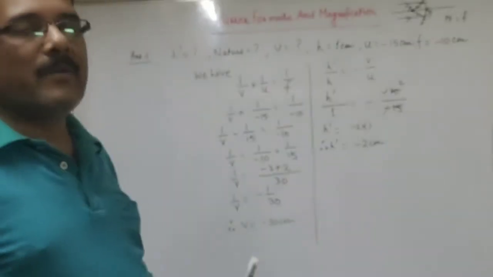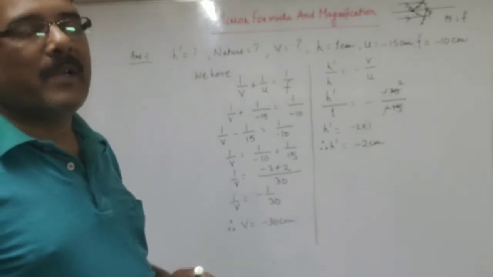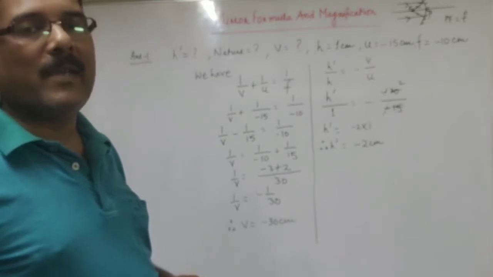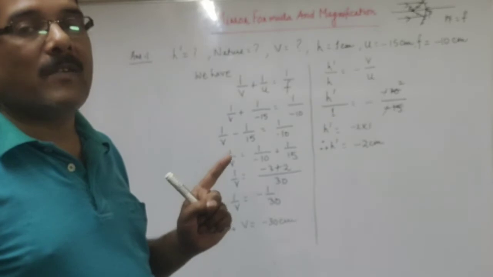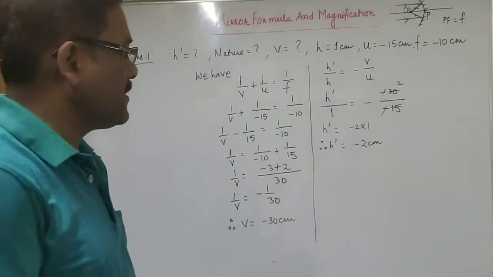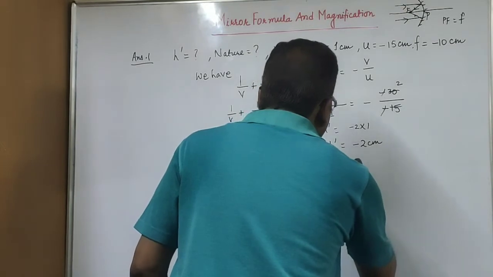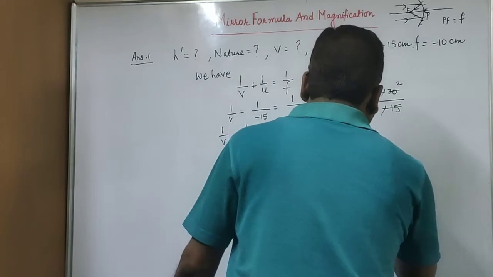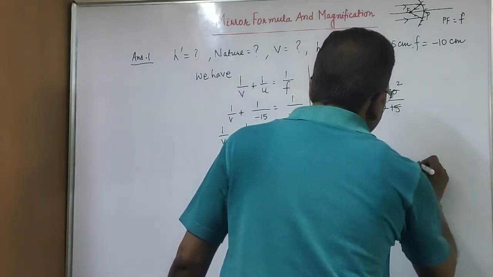So negative means the image is formed below the principal axis. Below the principal axis, is it a real or virtual image? It is a real image, because virtual images are always erect, above the principal axis. So what can we write about nature? Nature is real and inverted.